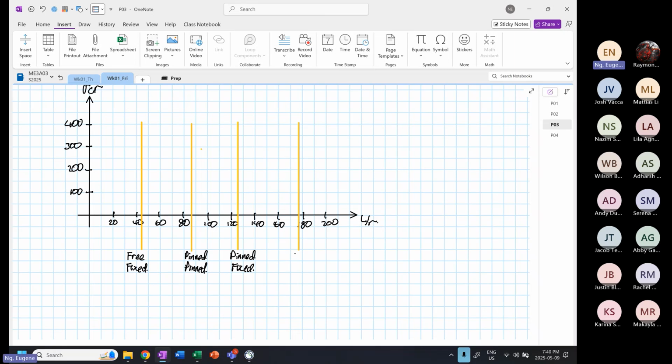And the last one is for fixed and fixed. The higher the L over R ratio, the better the resistance to buckling.